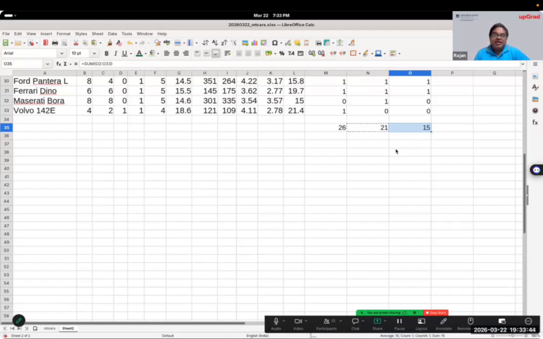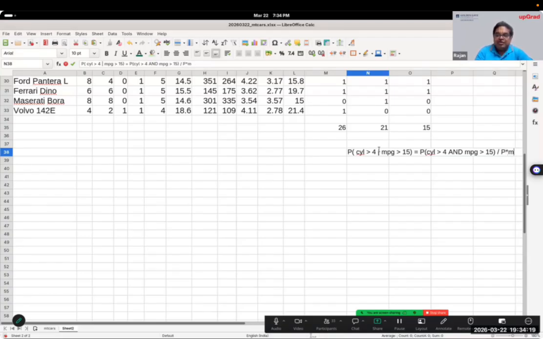So what is the probability now? Probability that cyl greater than 4 given MPG greater than 15 is equal to probability of cyl greater than 4 and MPG greater than 15, divided by probability of MPG greater than 15.